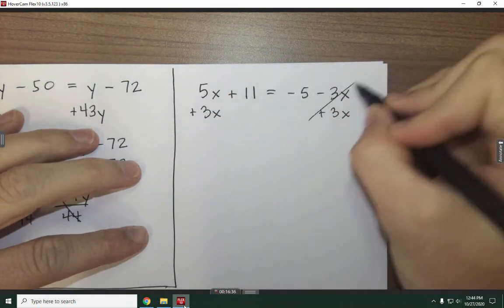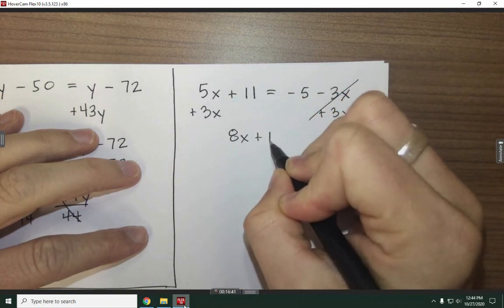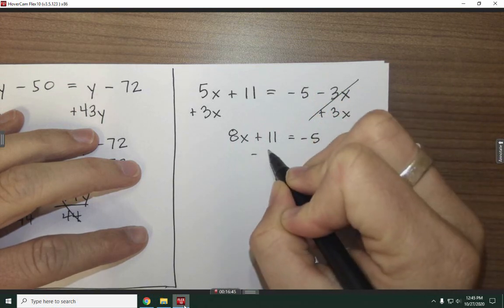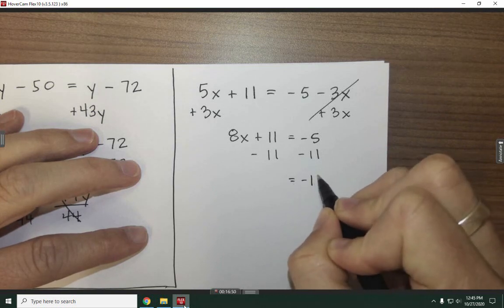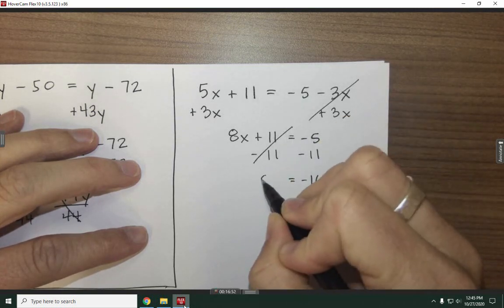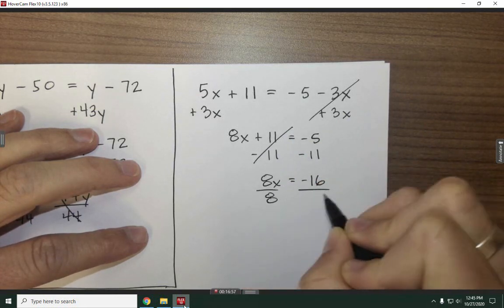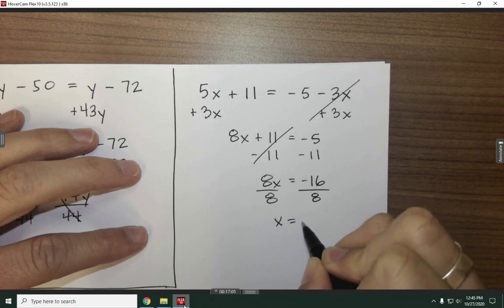Okay, cancels away there, so we get 8x plus 11 equal to negative 5. Then I'm going to subtract my 11. So that gives me negative 16 on that side. That cancels away, which leaves just the 8x. So then I divide both sides by 8. And negative 16 divided by 8 is negative 2.